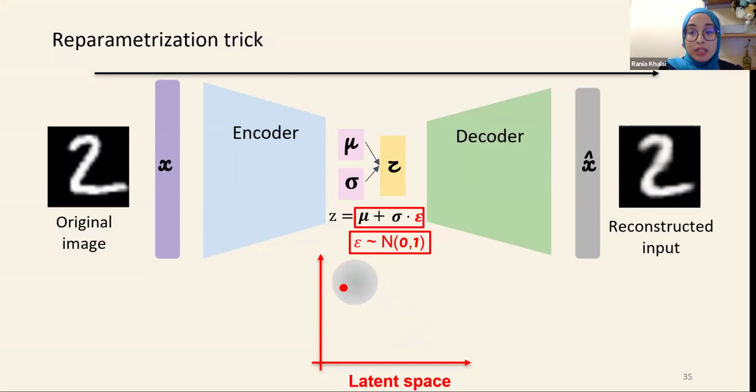It's just as if we sampled directly from the posterior distribution, except that by using the reparameterization trick, the process becomes differentiable with respect to the mean and variance, okay? So it's effectively the same as sampling directly from the posterior distribution, but the reparameterization trick makes the whole process differentiable with respect to the mean and variance.